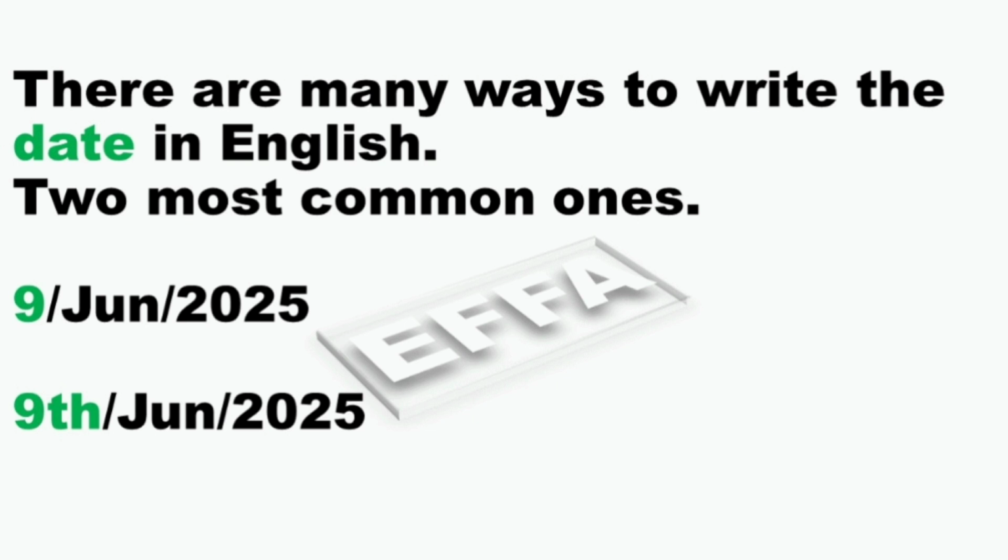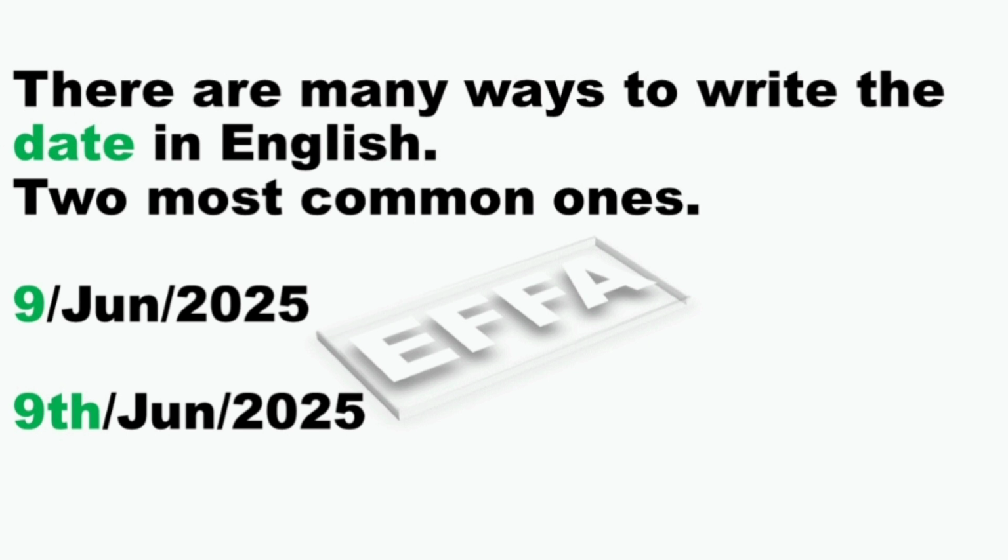Dear students, there are many ways to write the date in English, but we will study only the two most common ones. 9 June 2025. This means we can first write the date, then the month, and finally the year.